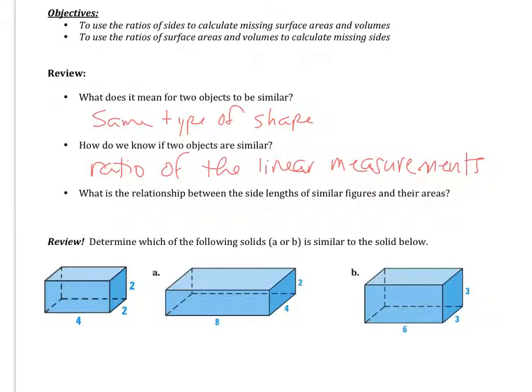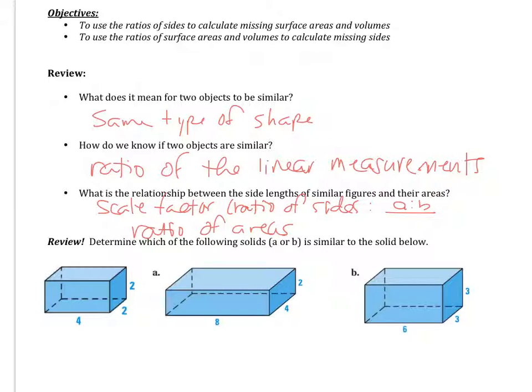Isn't it like A to B, and then A squared to B squared? Love it. So she said for your scale factor, which is the ratio of sides, you would have a ratio of A to B. But then the ratio of areas, and in this chapter we're going to use the idea of ratio of surface areas, is A squared to B squared.